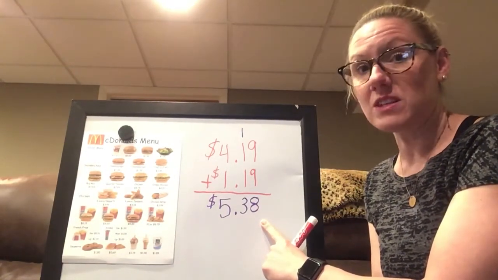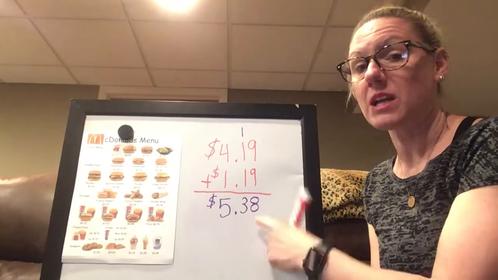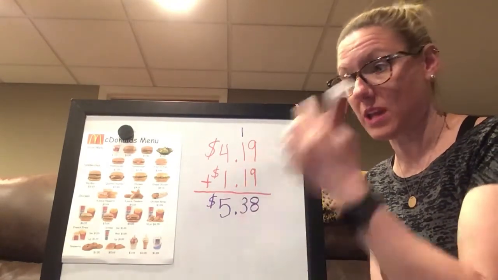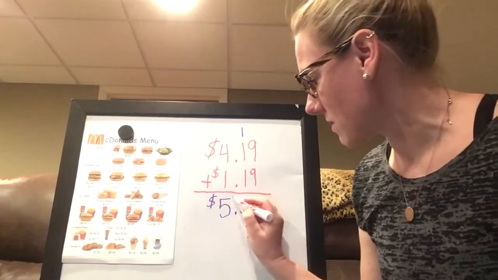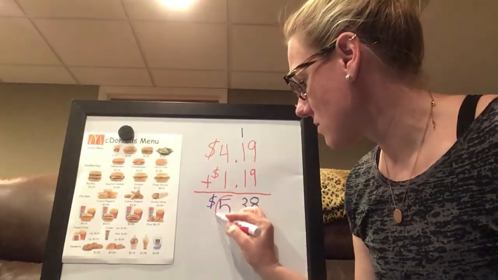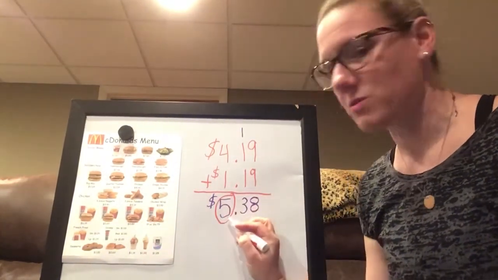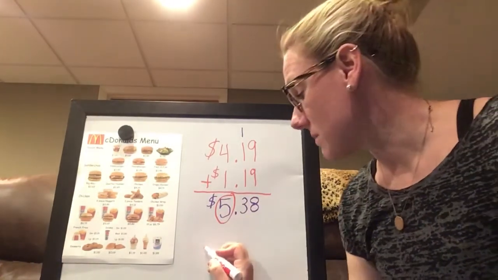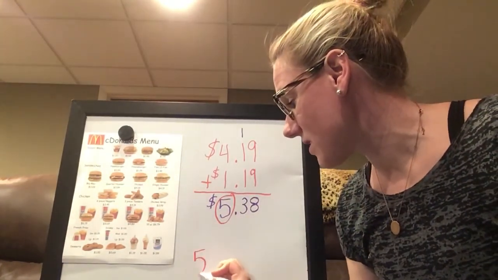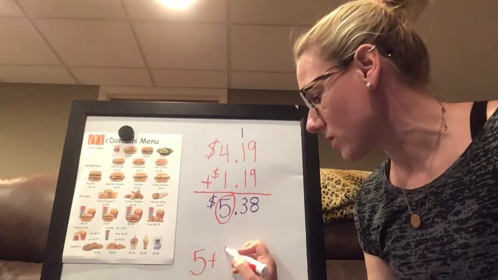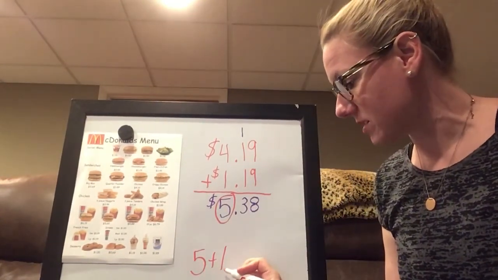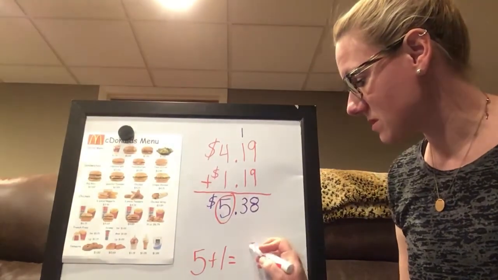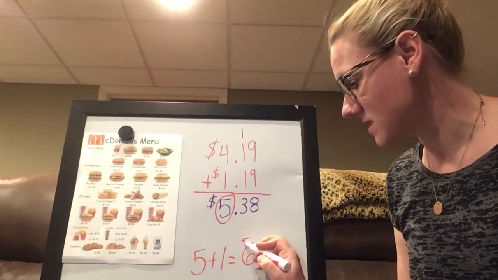Now I have to find the dollar up to know how much money I need to hand the cashier to buy those items. So again, I'm going to look at the dollar amount to the left of the decimal, which is 5. I'm going to take that number, 5, and add one more, or go up one more dollar. 5 plus 1 equals 6.